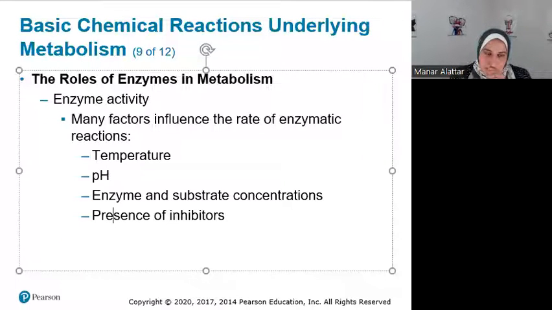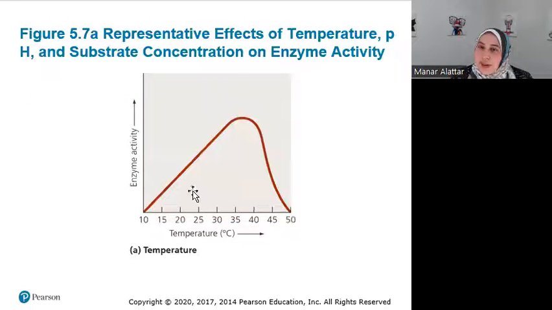The one exception to that is temperature. Initially, as you increase the temperature of an enzyme, it actually improves its function. But then it gets to a point where it starts to degrade the structural components of that enzyme, and then it's denatured and it's no longer functional.